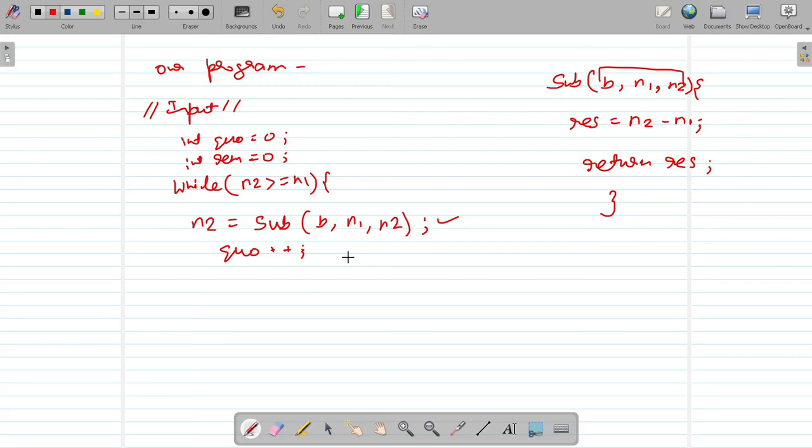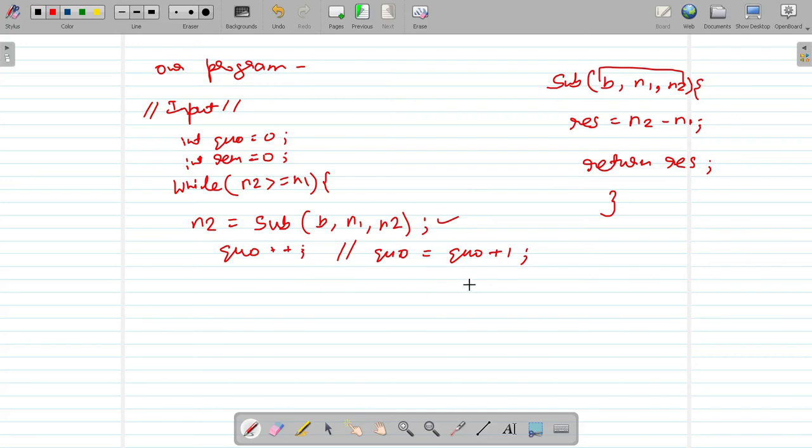So it will go till 9, then 10, then 11, then 12, but we are doing everything in base b. Quotient plus plus does quotient equals quotient plus 1. We actually have to increase its value by 1 but keeping it in the same base, because we have to return the result in base b itself.